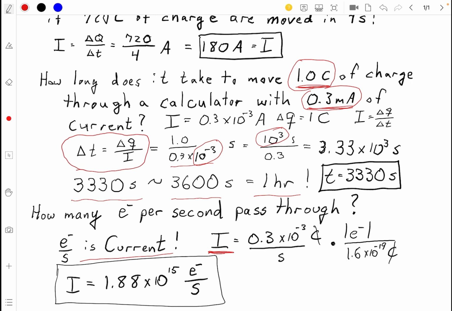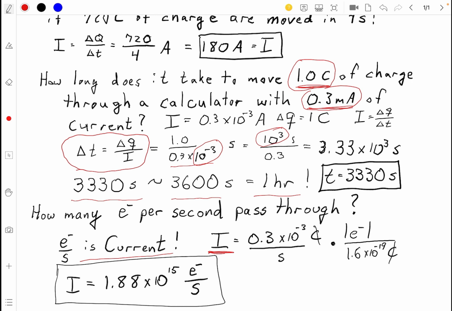And if that's coulombs per second, then we can say, well, every electron is 1.6 times 10 to the minus 19 coulombs. So then we can just take our current, divide it by 1.6 times 10 to the minus 19, and the coulombs cancel, and we're left with the electrons per second.